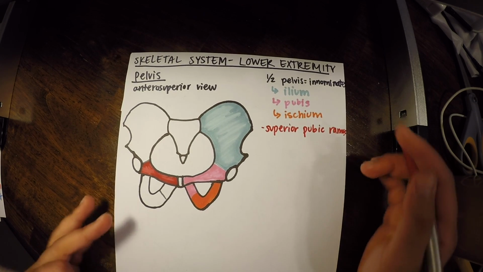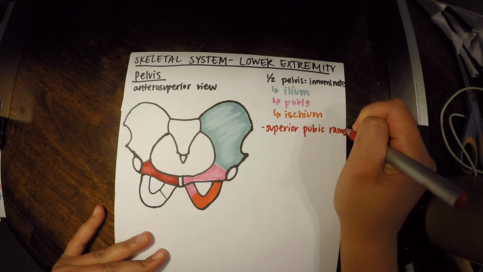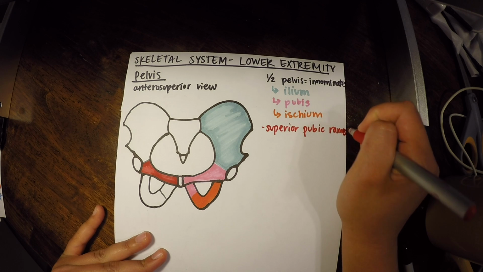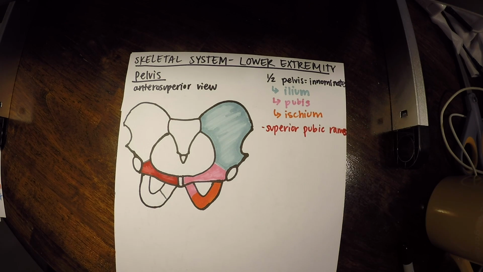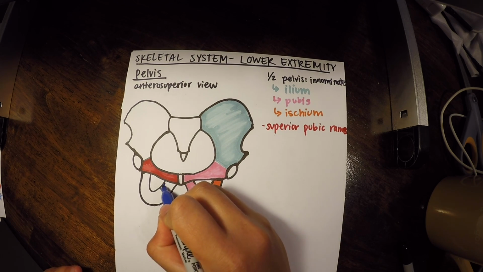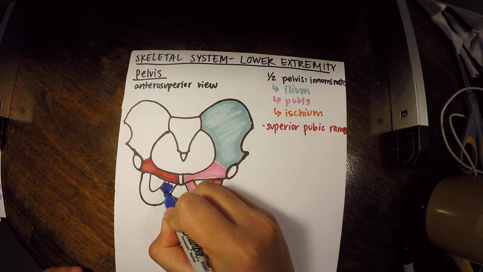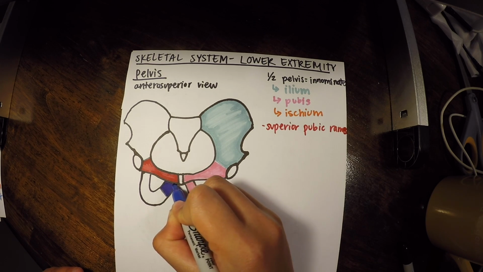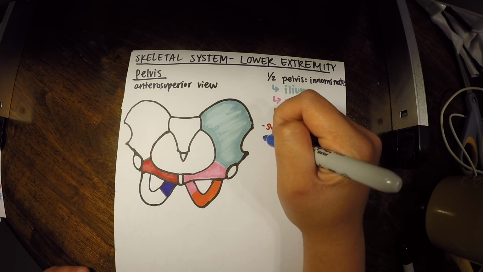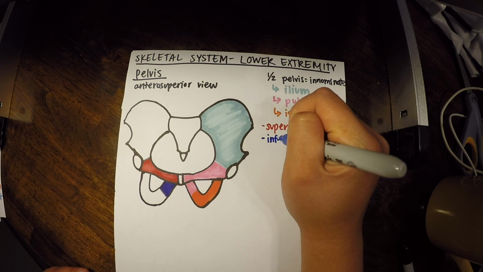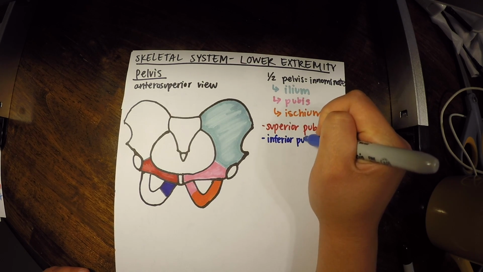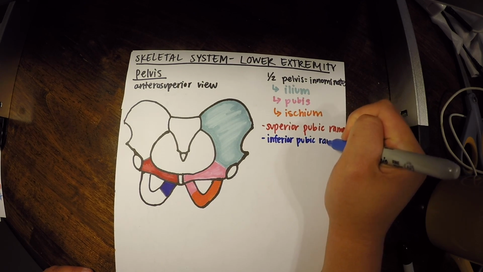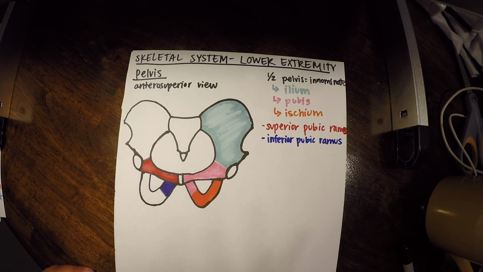Oops, I got cut off a little bit there. It's RAMUS. I'll draw it a little bit clearer in the next one. And as you probably guessed, if we have a superior pubic ramus, what else are we gonna have? That's right, we're gonna have an inferior pubic ramus. So that's gonna be here, just the inferior part of the pubis. RAMUS. There we go. Now that's clear.